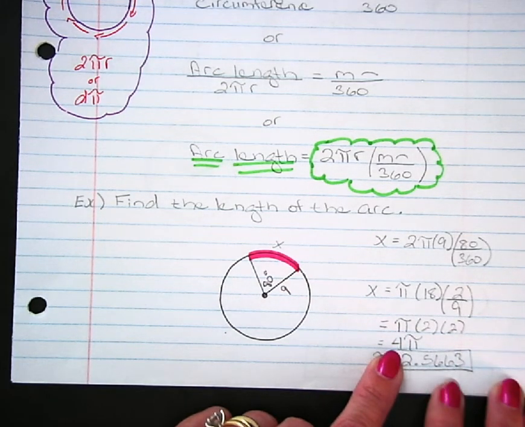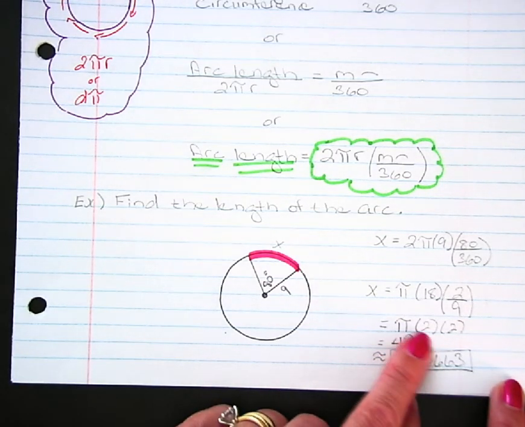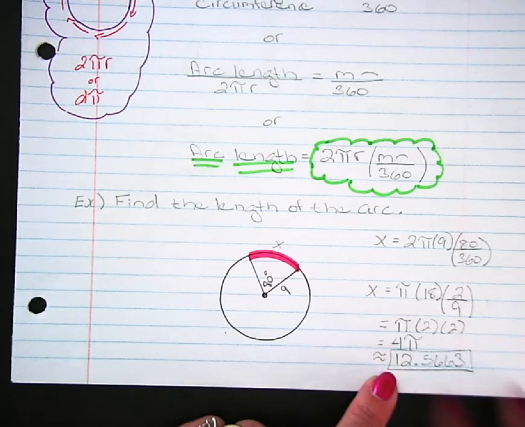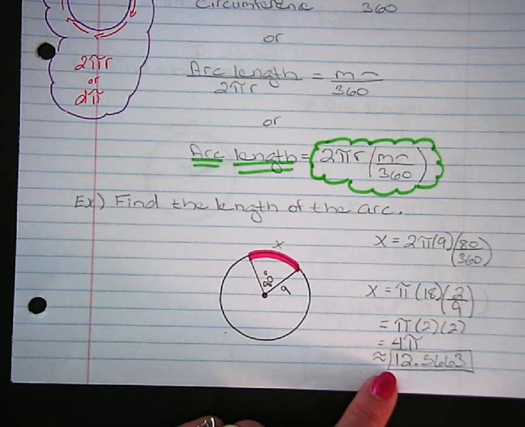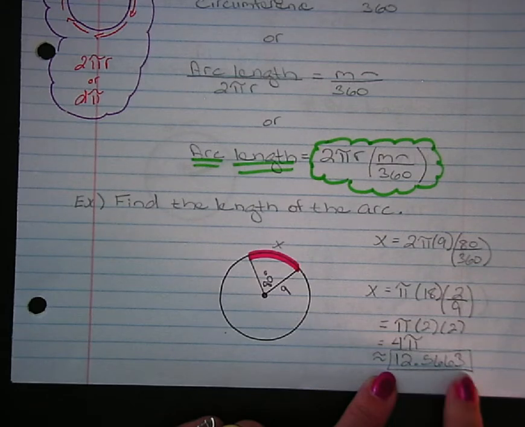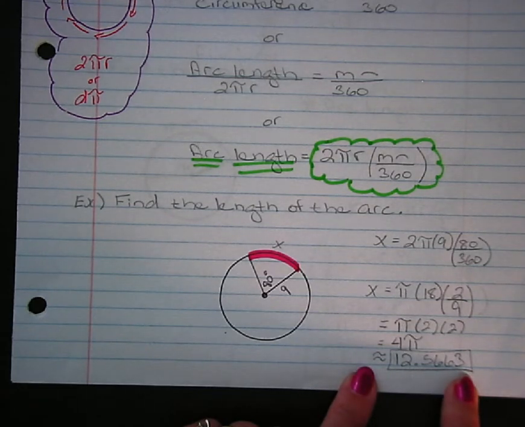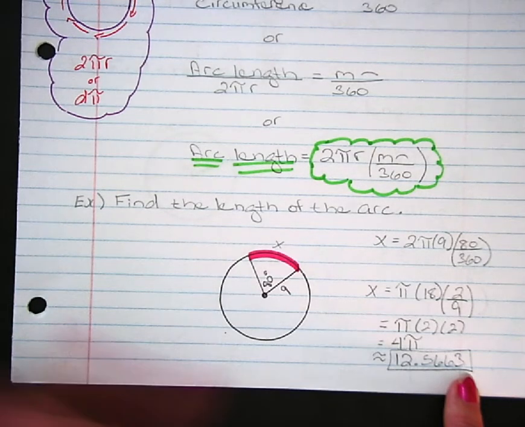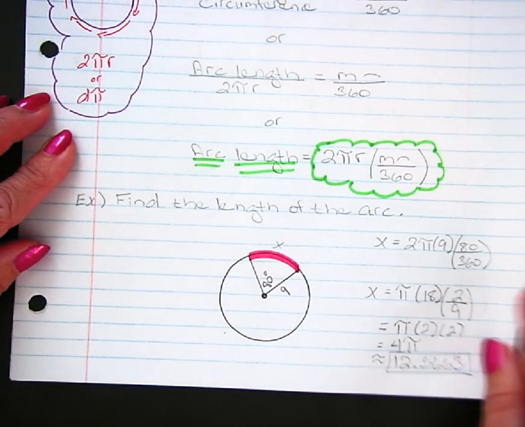Now if they ask you to leave your answer in terms of pi, then you can just leave it like that, 4 times pi. If they want an actual answer, then I would put that in my calculator, and you'll end up having to round your answer, of course. So you're going to use approximately 12.5663 as your answer. Okay, so that's how you work out one of those.